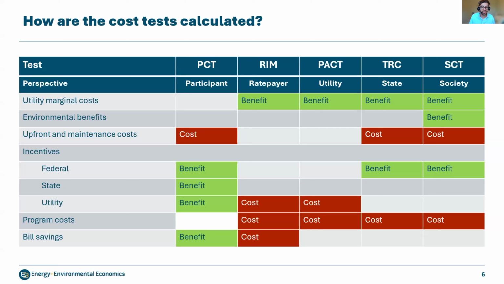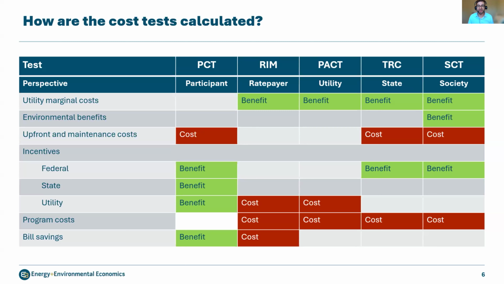And then on the benefit side, they might see some bill savings and incentives. From a ratepayer or utility perspective, there's a marginal cost that they might experience that might be an additional cost, or it might be a marginal cost savings, depending on which measure is implemented.